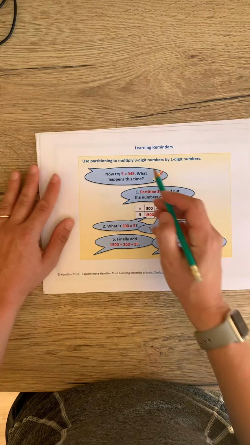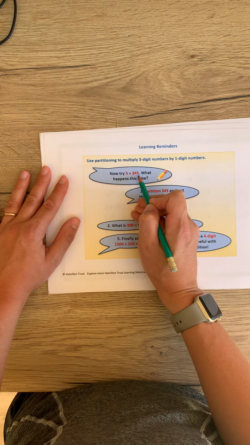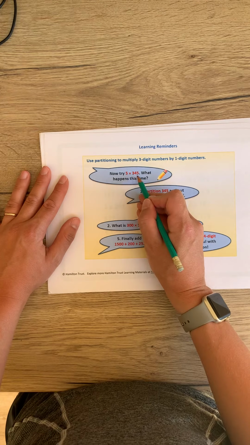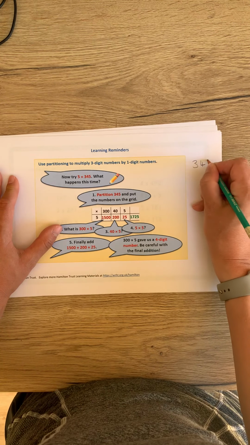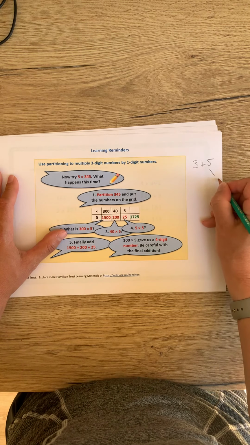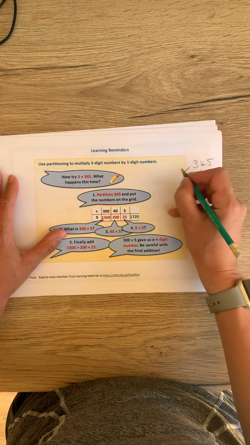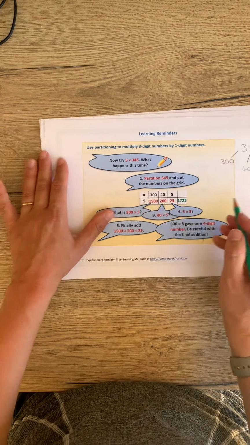So this time the number sentence is 5 multiplied by 345. The first thing to do is to partition the 345. So if we have 3, 4, 5 partitioned into ones, into tens, and into 100s like this, we have 300, we have 40, and we have 5.